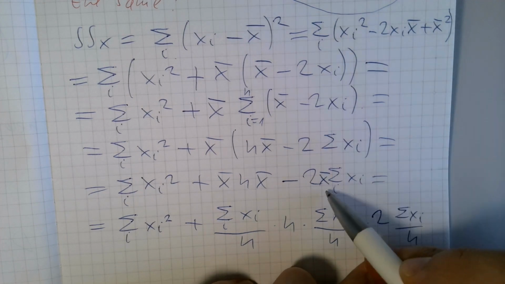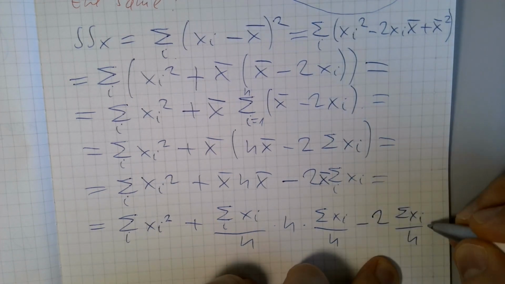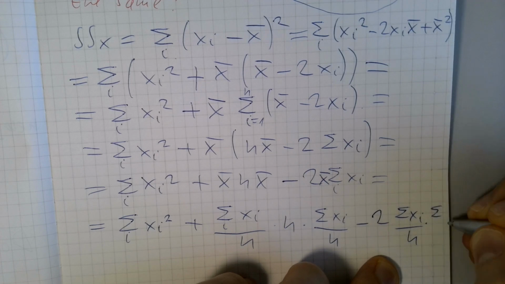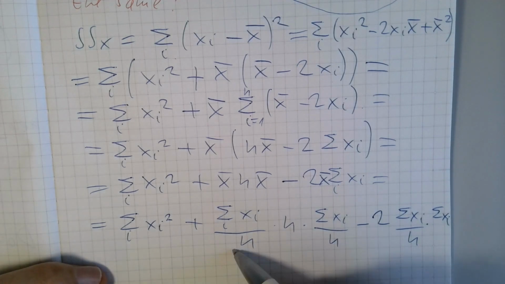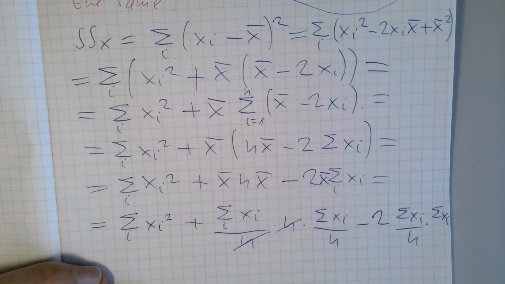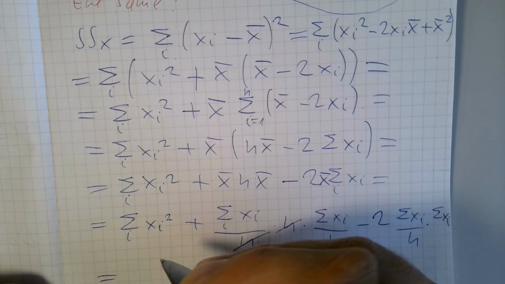That's the definition of the mean, times the sum of xi. Now a bit of simplification. We can simplify by n there. So what do I get?